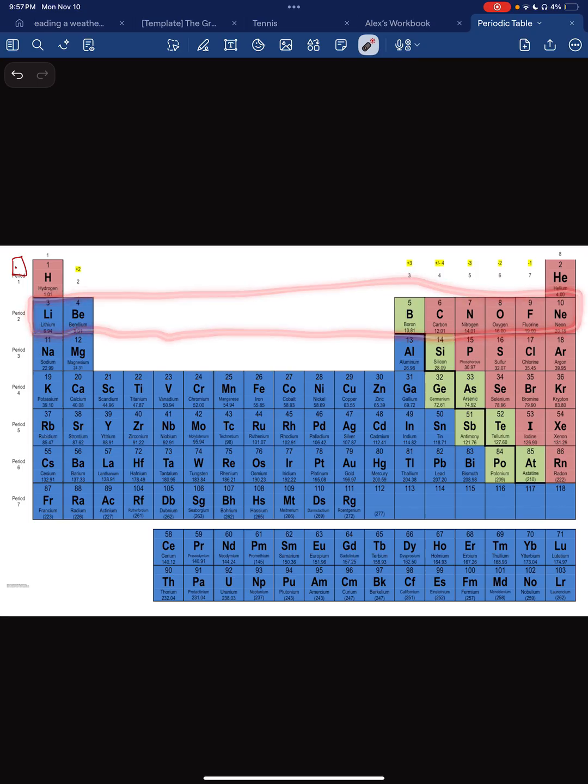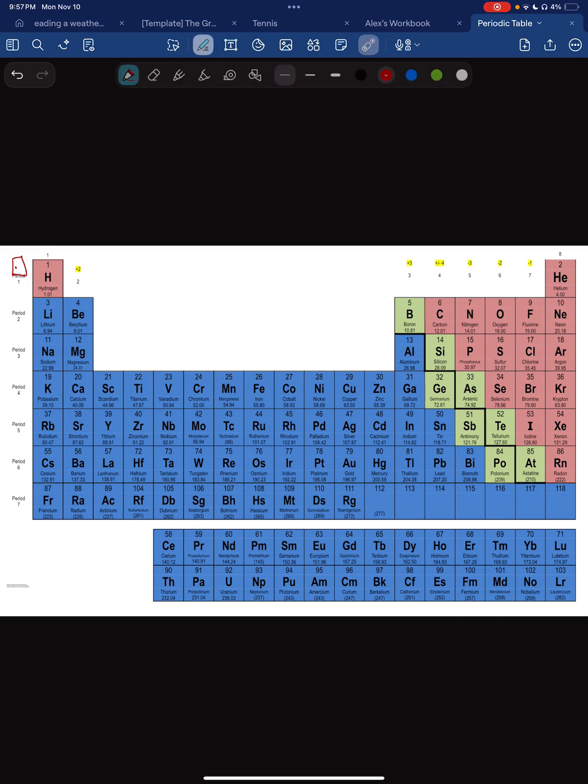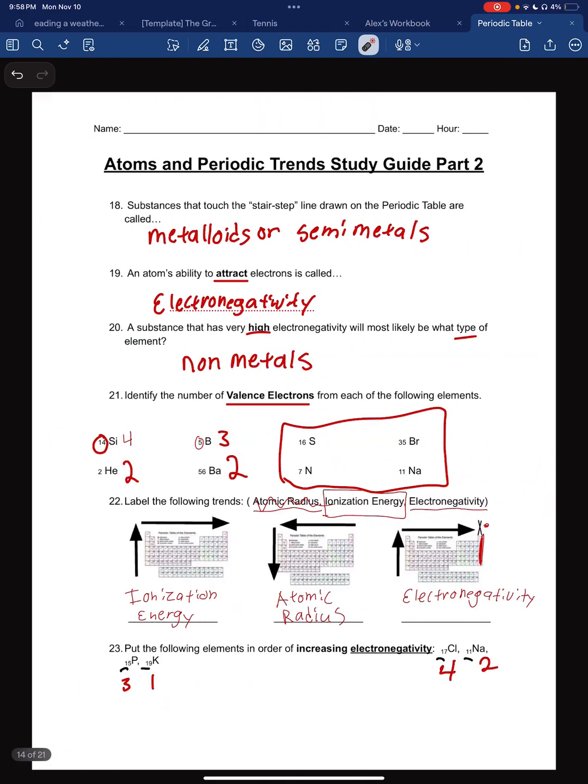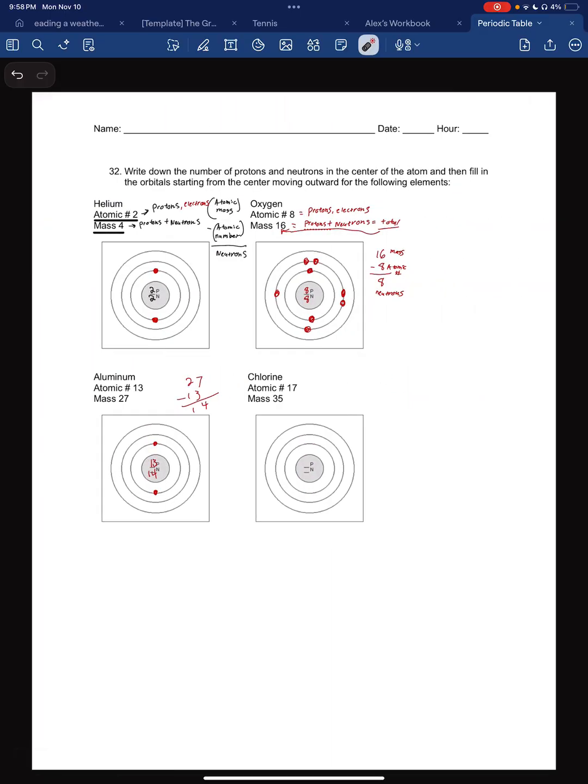So there are actually 1, 2, 3, 4, 5, 6, 7, 8 boxes available, which means we fill in 8 electrons in the second orbital. So 1, 2, 3, 4, 5, 6, 7, and 8.